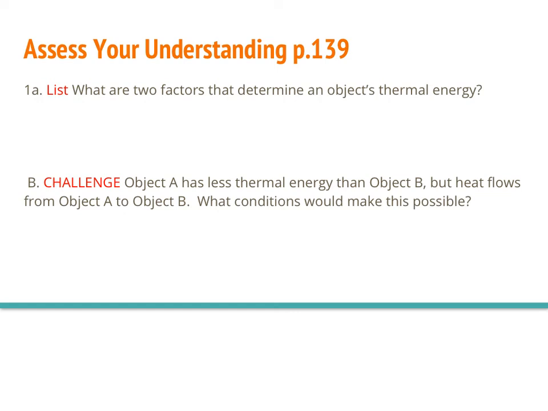Okay, please complete the Assess Your Understanding on page 139. Number 1A, what are 2 factors that determine an object's thermal energy? Well, we talked about the temperature of the object and the number of particles.